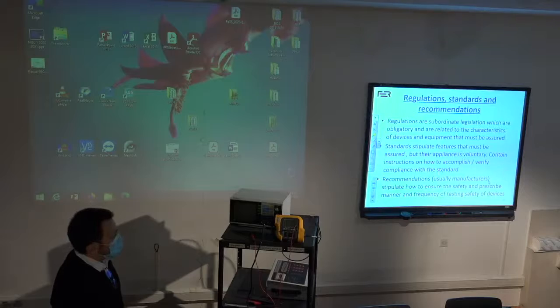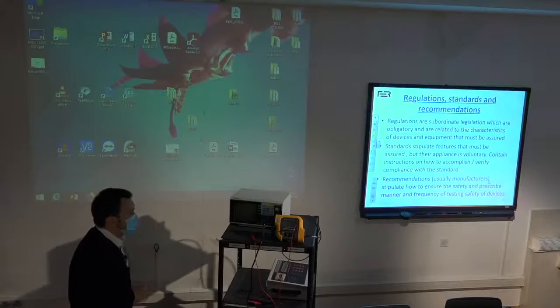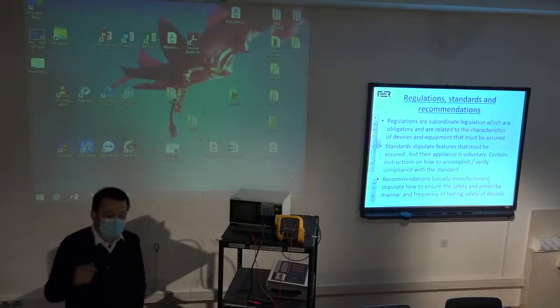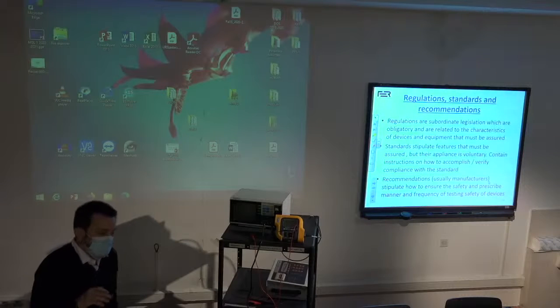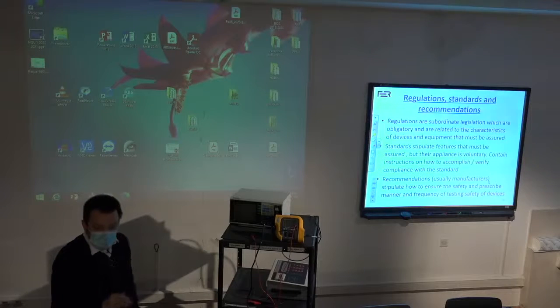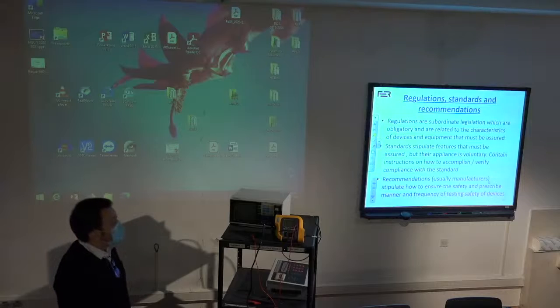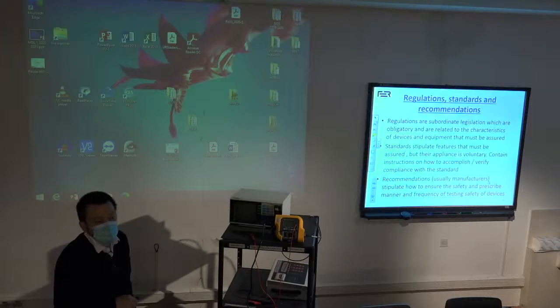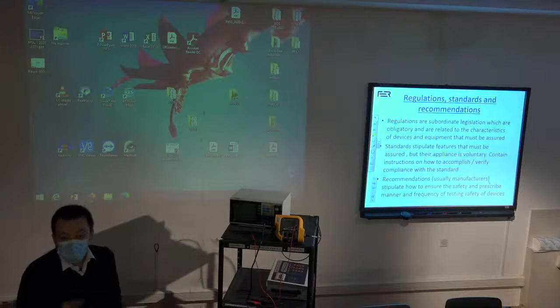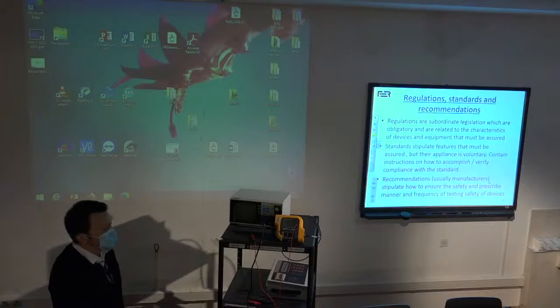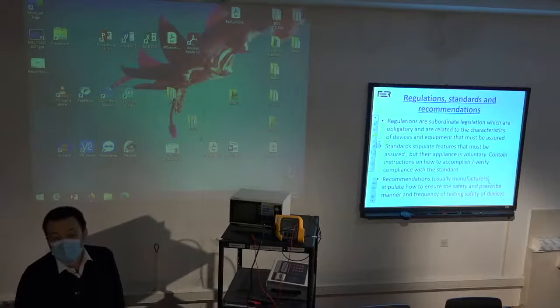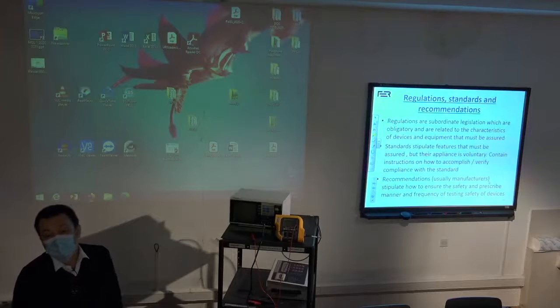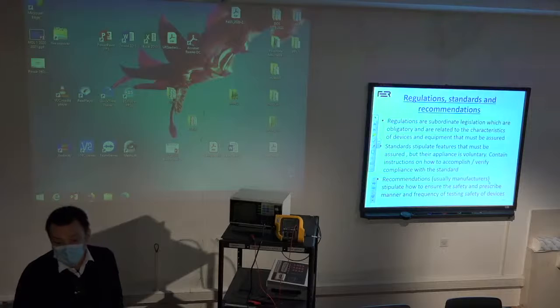The safety of medical devices is actually regulated through some laws, through some regulations, and through the standards. So the new laws are actually regulating this kind of devices in such a way that they refer to standards, to the compliance with the standards in order to prove the safety of the devices.